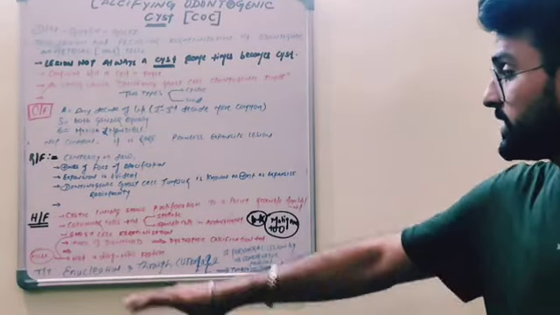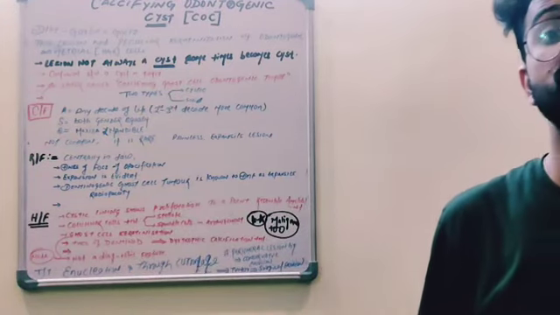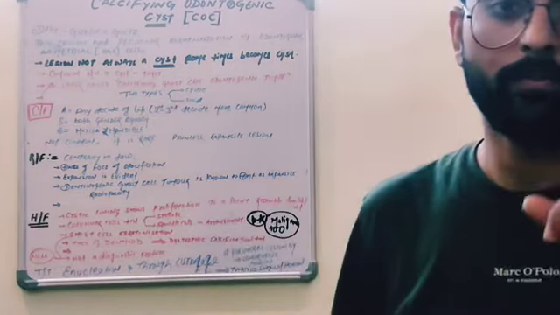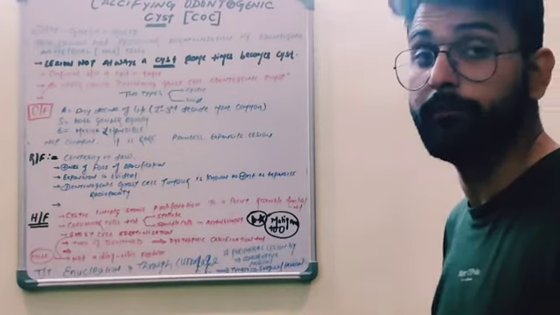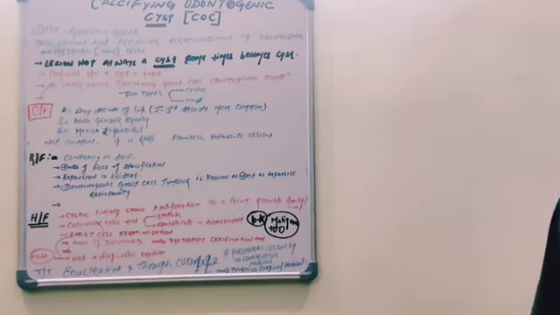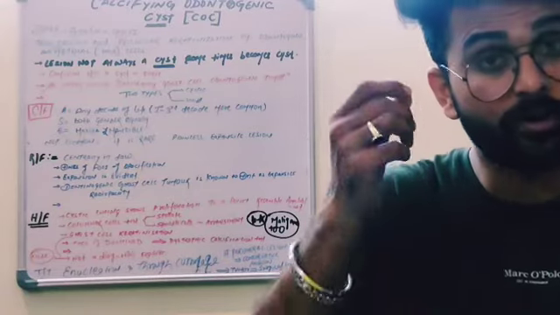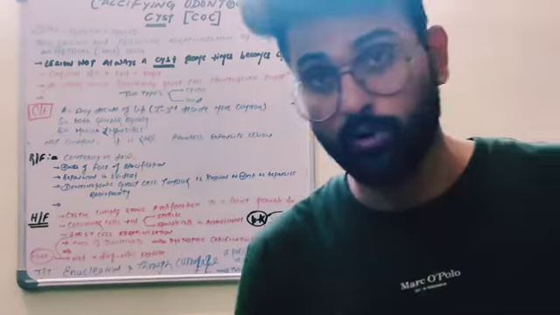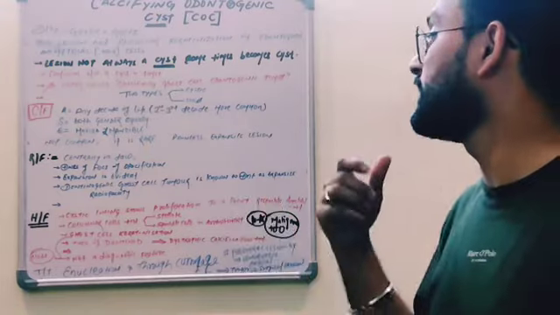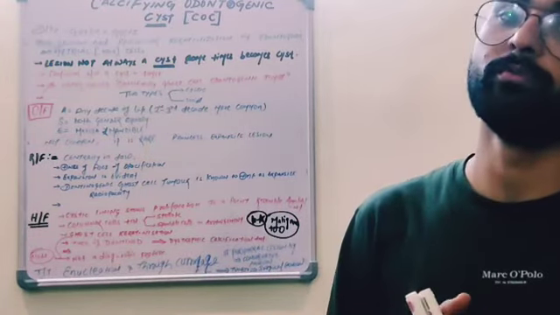Then presence of dentinoid and ghost cell keratinization, meaning presence of ghost cells. But presence of ghost cells is not a very classical or diagnostic feature of the COC, because these ghost cells can be found in the adenomatoid tumor, in the case of ameloblastoma, and in different other lesions.